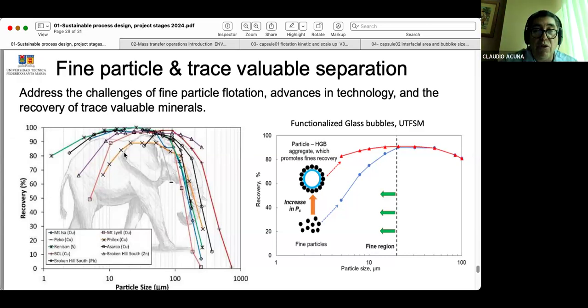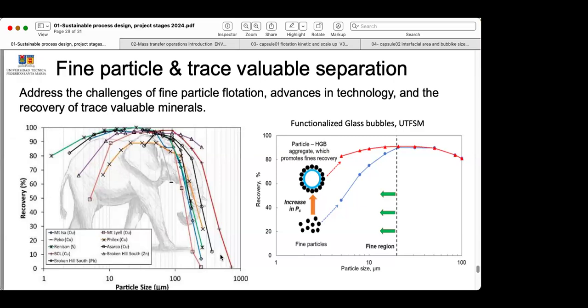However, the probability of attachment decreases when you have coarse particles, because they move too fast and will not have the time to break the water layer. This is called, Rudolf, induction time.